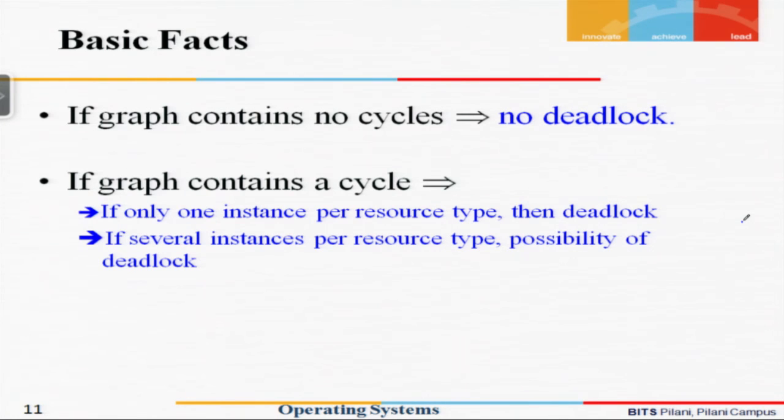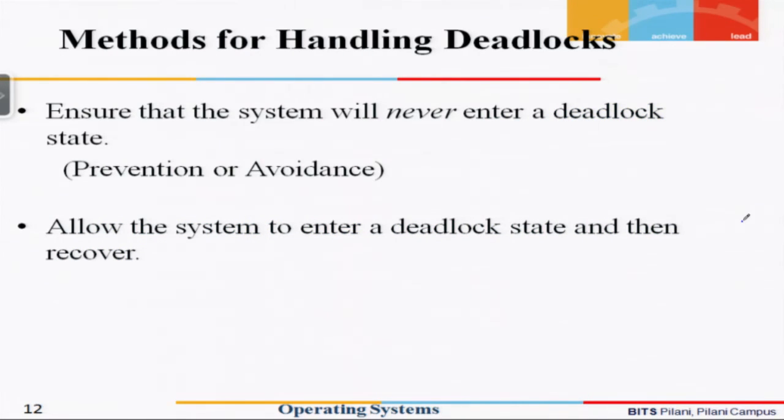But if there are multiple instances of a resource, then there is a possibility of a deadlock. We cannot be 100% sure that deadlock is there. There exists a possibility.